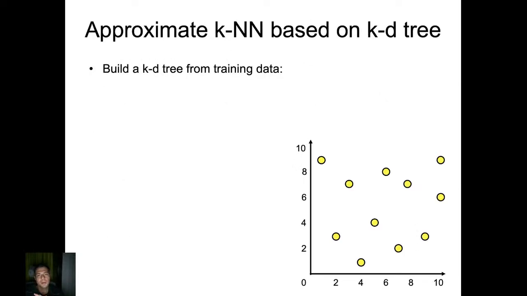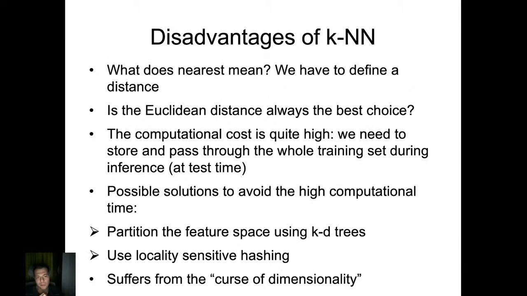Okay, so going back a bit to the curse of dimensionality, we're going to discuss more on it at the end of this lecture, but actually KNN is not the only model that suffers from this problem.